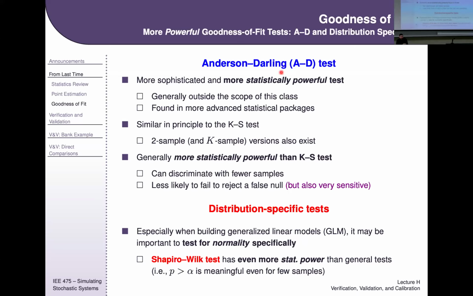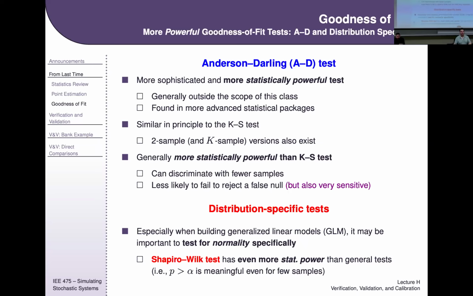One of them is the Shapiro-Wilk test. I'm not going to go over how to do it in this class, but if you ever need to test for normality, you just look up Shapiro-Wilk. In fact, it's already built in to any statistical tool you use. Just do a Shapiro-Wilk test. Again, it's not good for anything else but normality, but for normality, it's extremely high power.